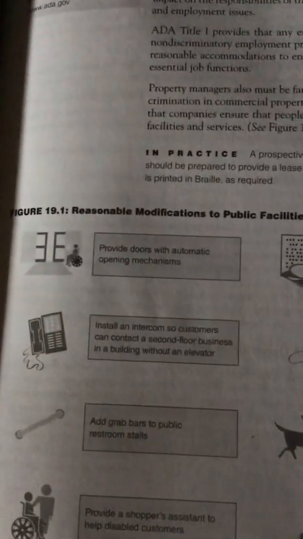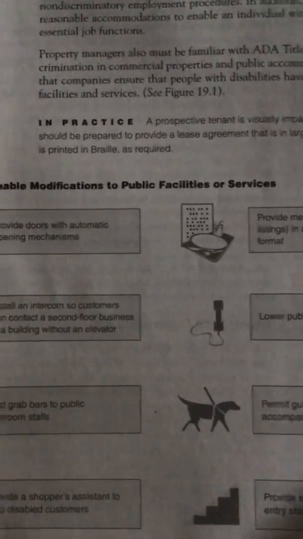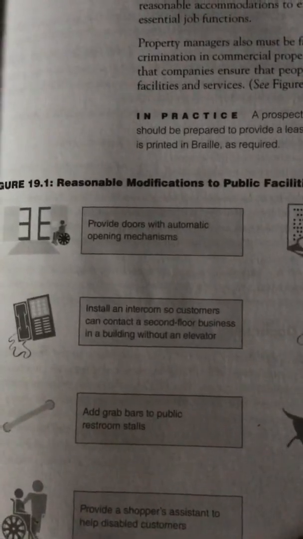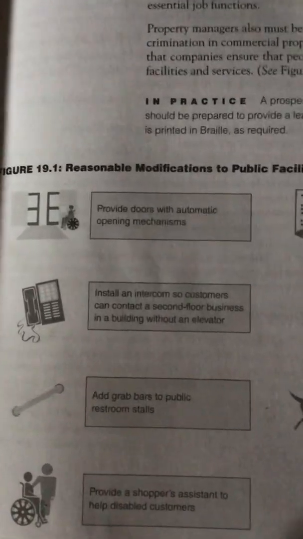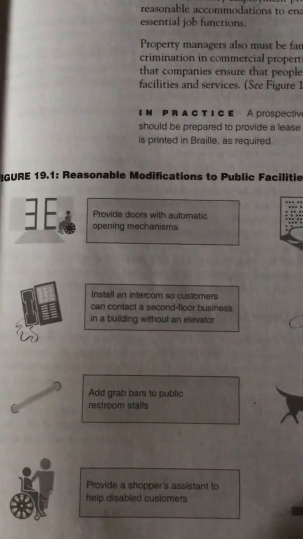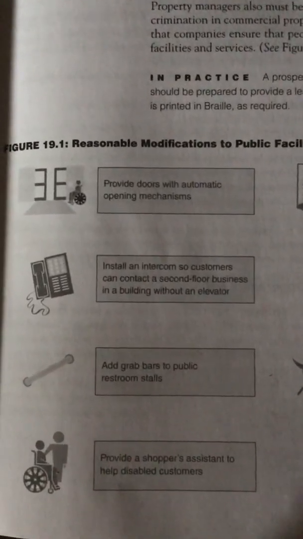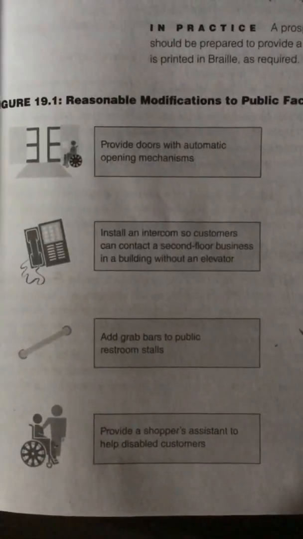Figure 19.1. Reasonable modifications to public facilities or services. Provide doors with automatic opening mechanisms. Install an intercom so customers can contact a second floor business in a building without an elevator. Add grab bars to public restroom stalls.